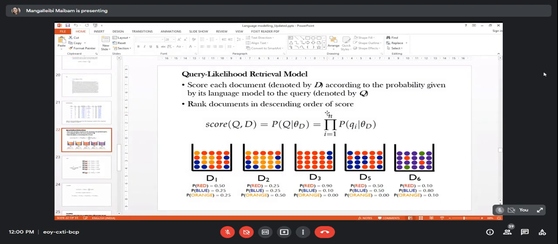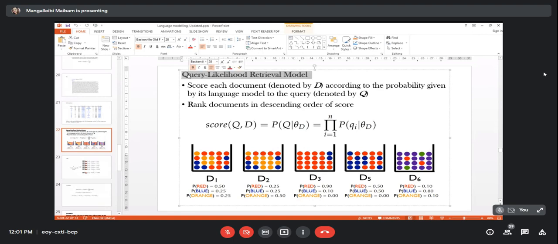From chain rule, probability distribution, conditional probability, prior probability, all those concepts from the beginning until now, the concept is similar. Here also we are going to take the concept of probability distribution. The whole chapter is based on probability distribution.